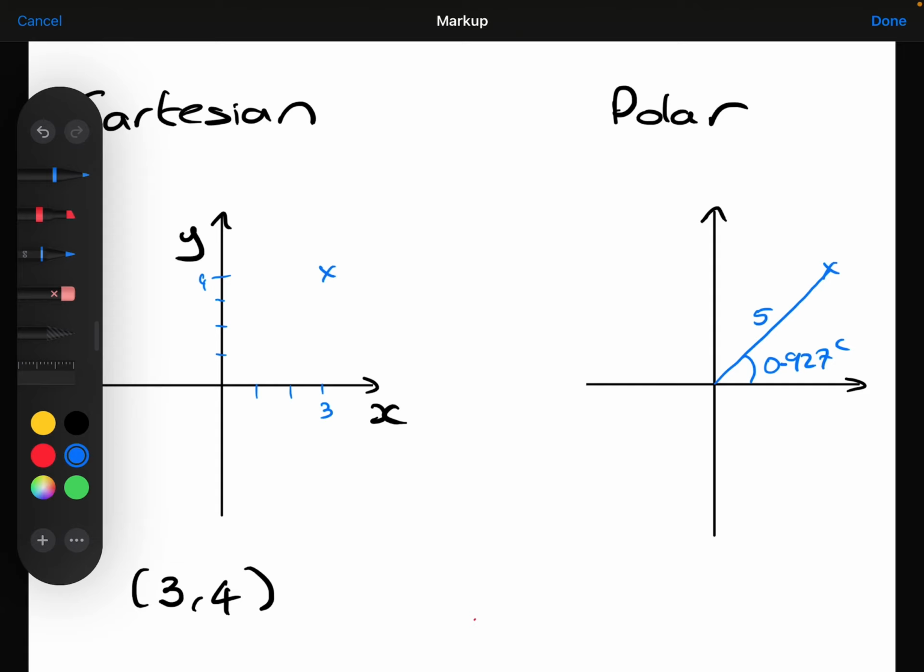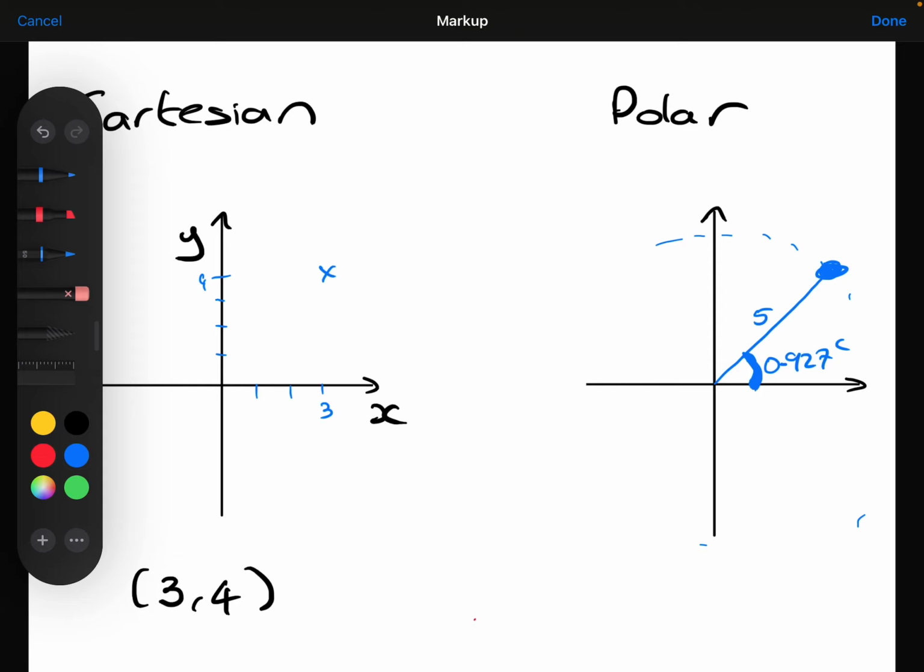With those two pieces of information, that uniquely defines the point. Saying it's 5 squares away from the origin means it could be anywhere on a circle that's 5 squares away from the origin. But by specifying the angle of 0.927, it specifically has to be that point and none of these other points.